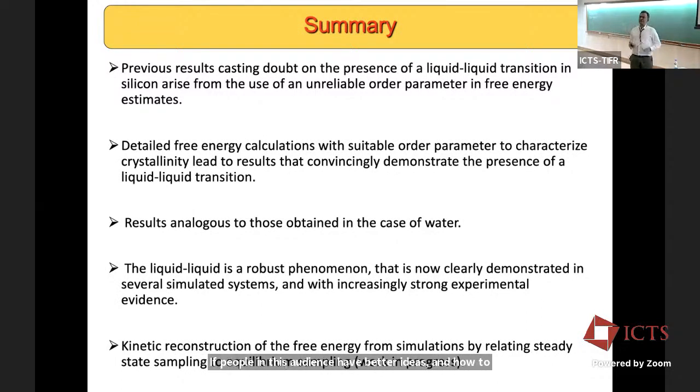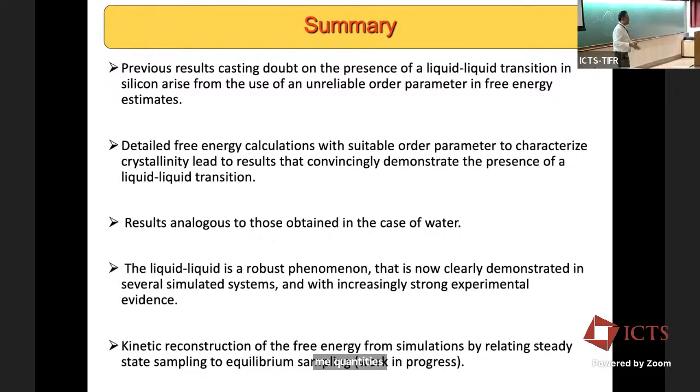The problem statement is that from quantities that are measurable in simulations, we want to reconstruct the free energy surface. It's a simply stated problem with a higher than one order parameter space. Okay, so let me stop there. Not too bad. And I'll be happy to answer any questions.